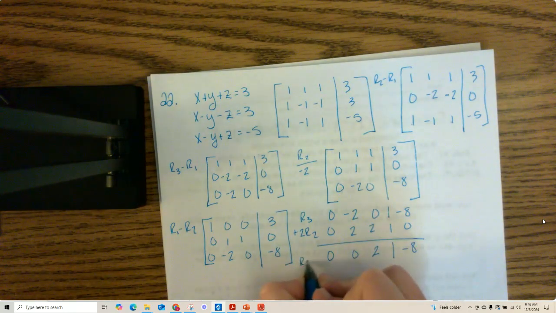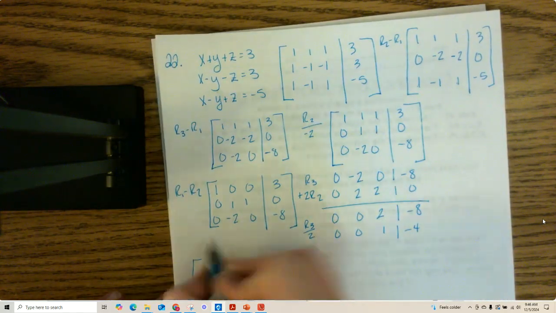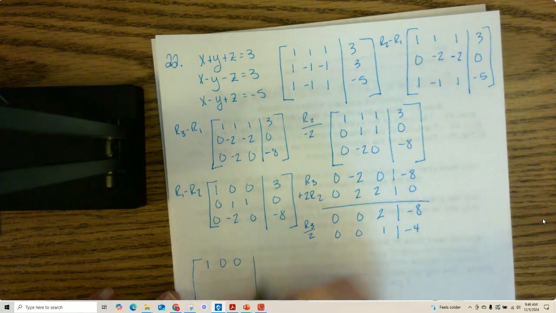And then we could do row 3 divided by 2. So now we have 1, 0, 0, 3, 0, 1, 1, 0, 0, 0, 1, negative 4.